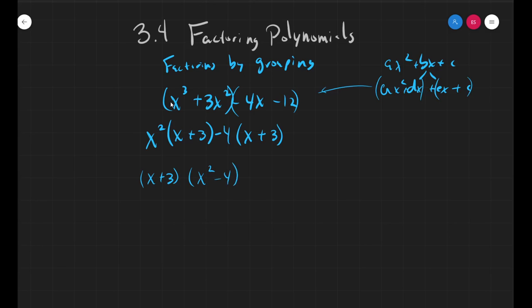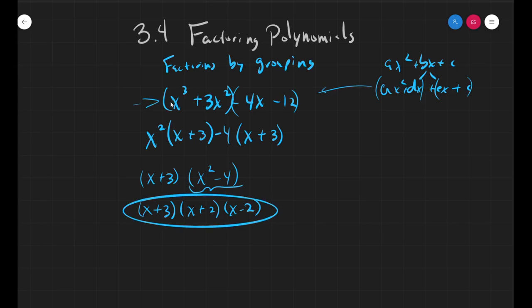Well, this x squared minus 4 is a difference of perfect squares. So this factors completely down to x plus 3 times x plus 2 times x minus 2. Okay? So this is a completely factored form of this original polynomial.